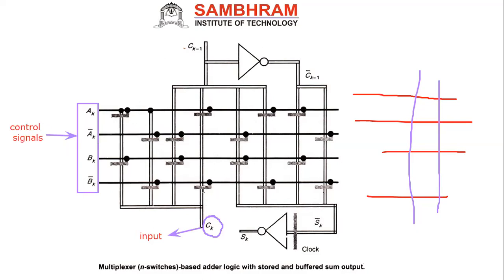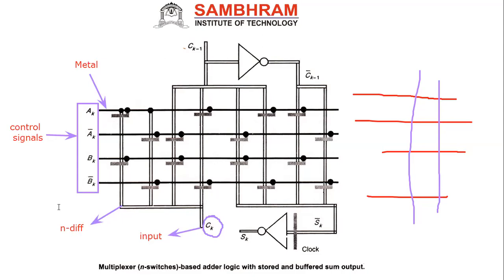In the monochrome layout, we know this is a diffusion. These control signals we draw with metal, I hope you remember. This is a metal. Then what about this? This is a diffusion. Which diffusion? It's supposed to be NDIF, because we are using NMOS switches. So it's supposed to be an NDIF switch.